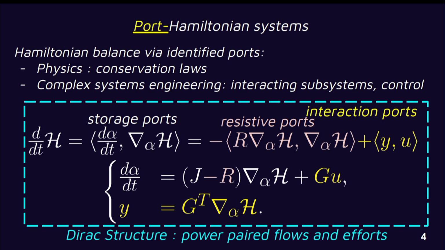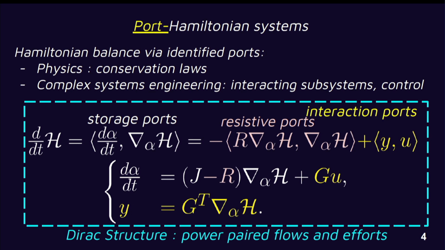It consists in pairing flows and efforts, which are the ports. So you have to rewrite the dynamics this way, using the matrix J, which describes the conservative laws, which is very useful in physics. This matrix is Q-skew-symmetric.